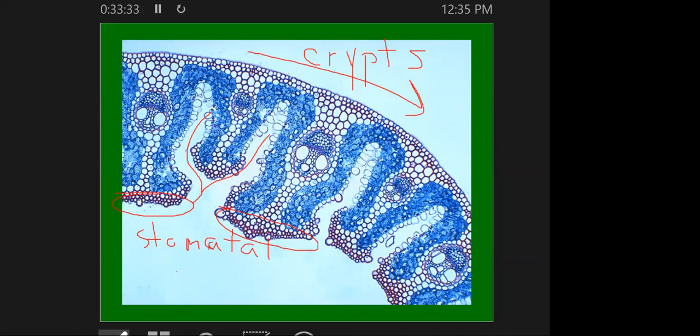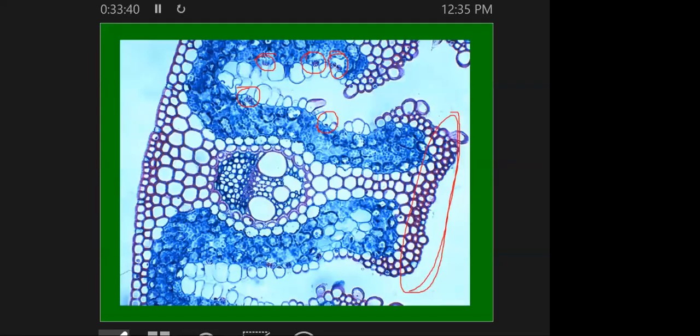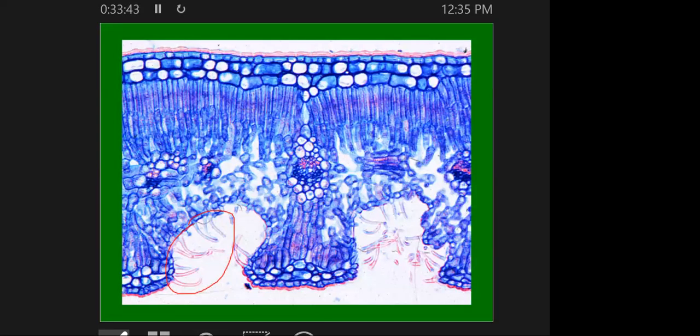So this is pretty drastic. It's a neat little adaptation, and pretty marvelous that they evolved this mechanism to tuck their stomata away from the wind. And then adding the trichomes just keeps the air molecules in those crypts nice and still. The hair makes them even more likely to stay still, because it breaks up any wind that can come in there. That's a nice adaptation as well.